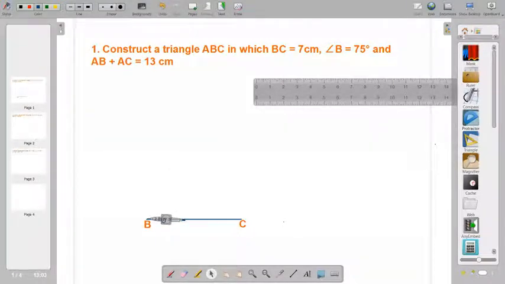I start from here. Now let me draw the arc. This is the arc I constructed here. Now with the same radius I have to draw another one.